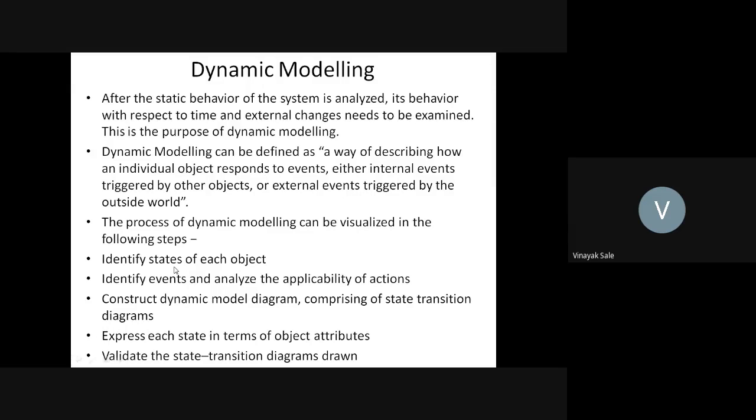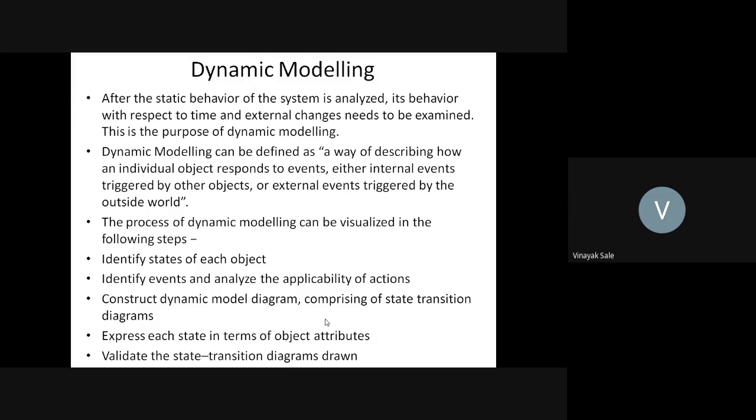Identify the state of each object, identify events and analyze the applicability of the actions, construct a dynamic model diagram comprising state transition diagrams, express each state in terms of object attributes, and validate the state transition diagrams drawn.